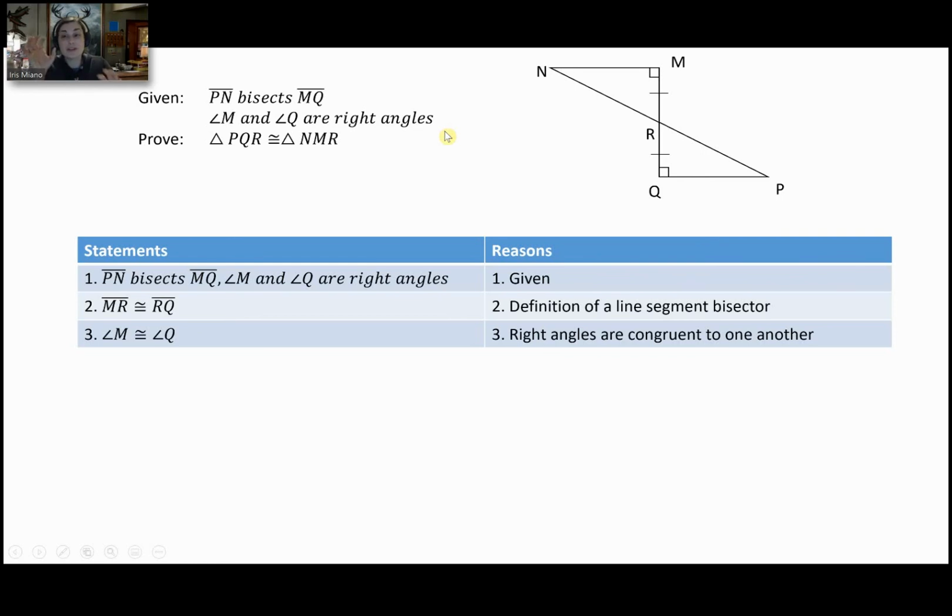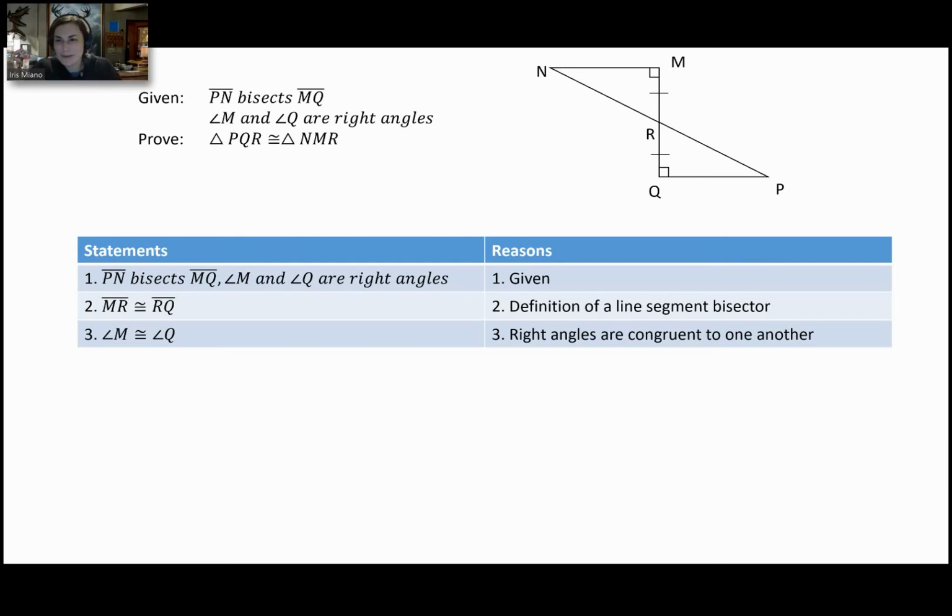Now, since they occur in two separate triangles, and we know that all right angles are congruent to each other, we can use that information. I put in my reason for saying that angles M and Q are congruent to each other: all right angles are congruent. This was a theorem that was presented ages ago, and when I first introduced it to you, I thought this one seems so dumb.